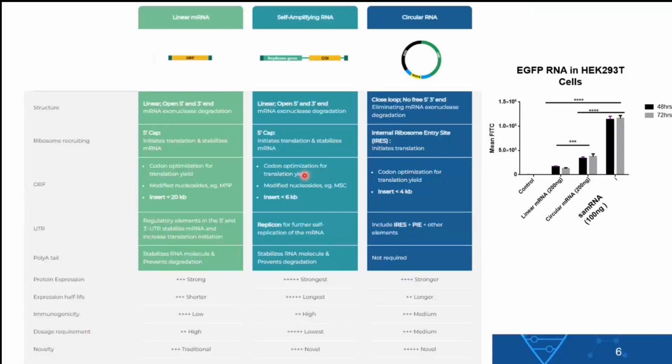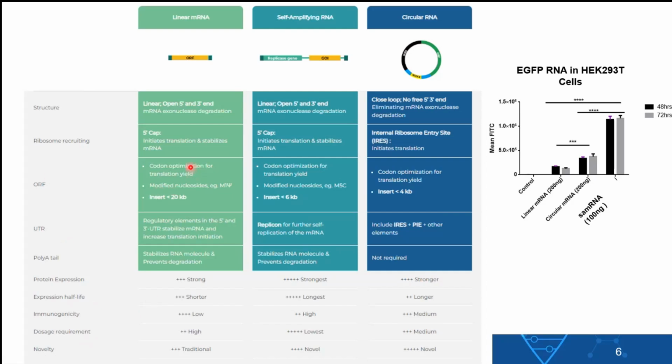This one shows a comparison between these three kinds of RNA. We compared the structure, ribosome recruiting, ORF, UTR, poly A tail, protein expression, half-life, immunogenicity, dosage requirement, and novelty.